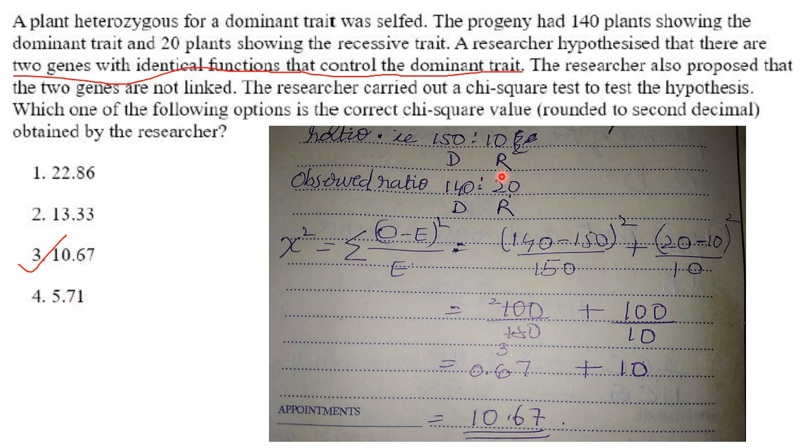This is for dominant and this is for recessive ratio. The observed ratio is what? It is 140 plants showing dominant trait and 20 plants showing recessive trait. So 140:20. Now substitute these values in the chi-square formula and you will get the answer as 10.67.